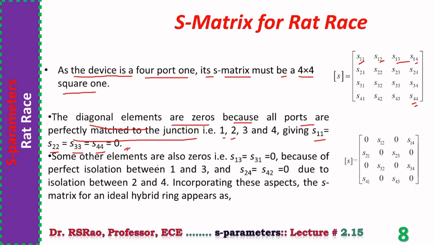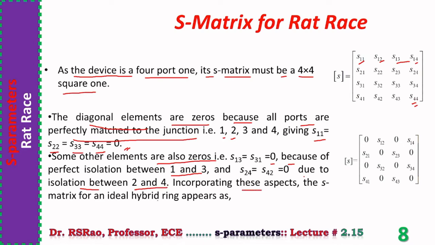Some other elements are also zeros. S13 and S31, they are also zeros because of a perfect isolation between 1 and 3 ports. S24 and S42, these two are also zeros due to isolation between 2 and 4 ports.